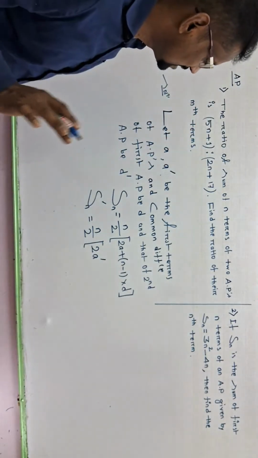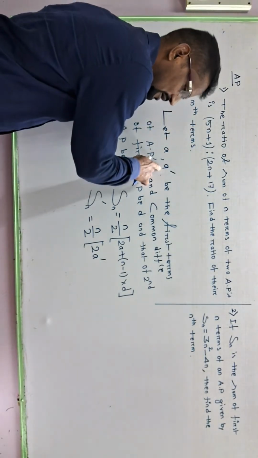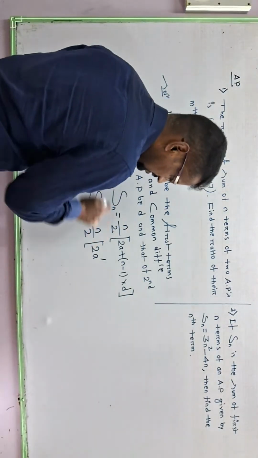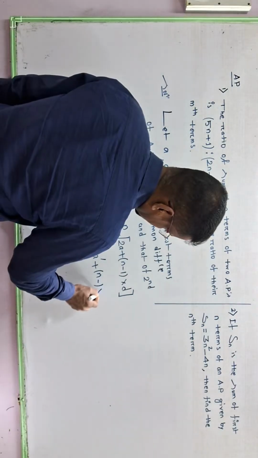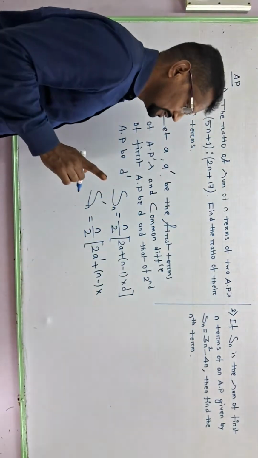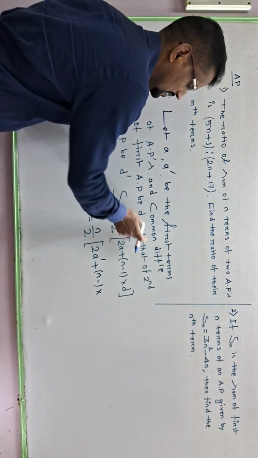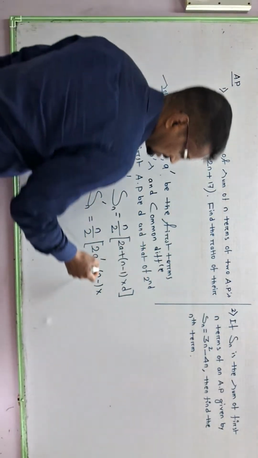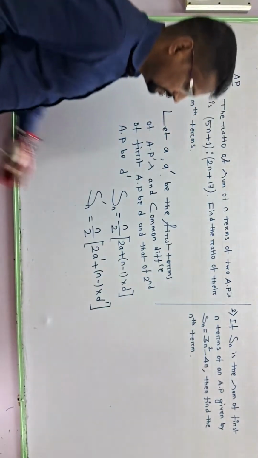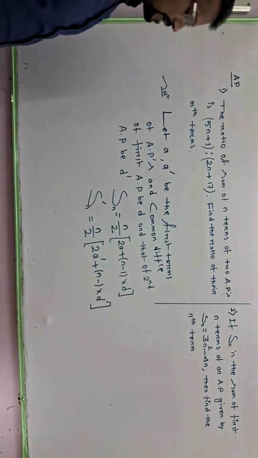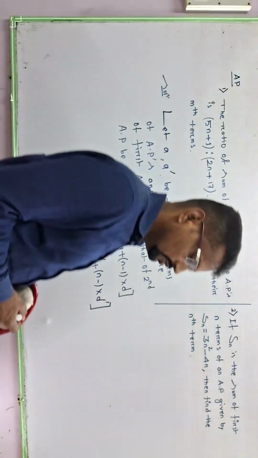It means the first term of second AP আমি a dash কইছো, that's why twice a dash, plus n minus 1 times common difference, second AP common difference d dash, then you write here d dash. So you have written the sum of n terms for both the AP.